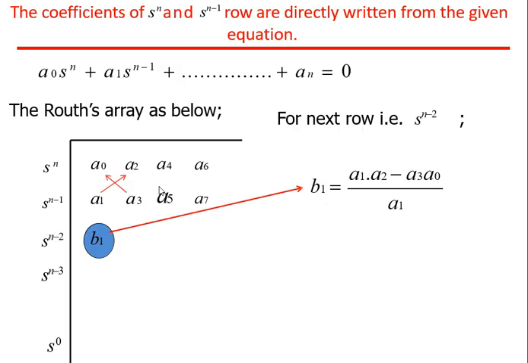Now we have to adjust the first two rows: the first row with the even coefficients and the second row with the odd coefficients of the characteristic equation, that is A0, A2, A4, A6, and A1, A3, A5, A7, like this. Then we calculate the elements, so B1 is equal to A1 into A2 minus A3 into A0, divided by A1, and we go on like this.